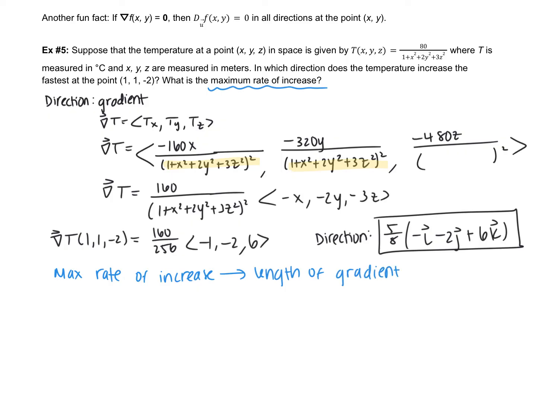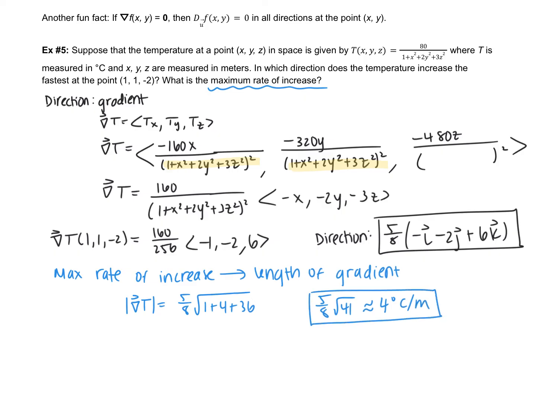So if we find the length of that gradient above, it's going to be 5/8 times the square root of 1 add 4 add 36, which is 5/8 root 41, which is about 4 degrees Celsius per meter. So every unit we move in the direction of the gradient, the temperature is increasing by about 4 degrees Celsius per meter.